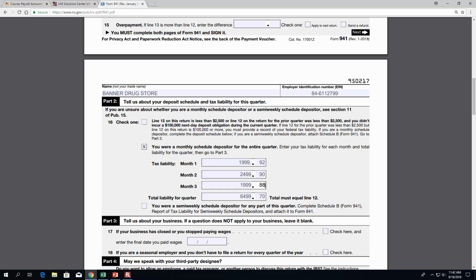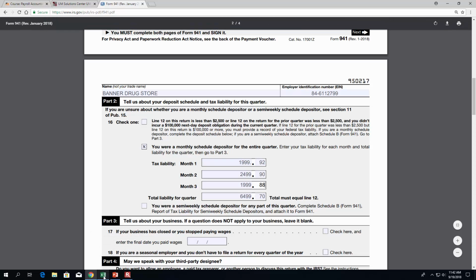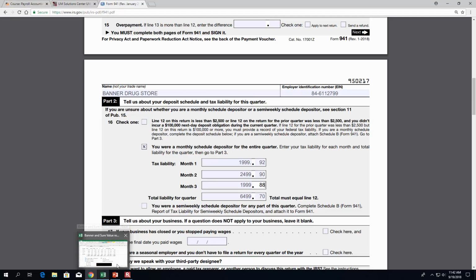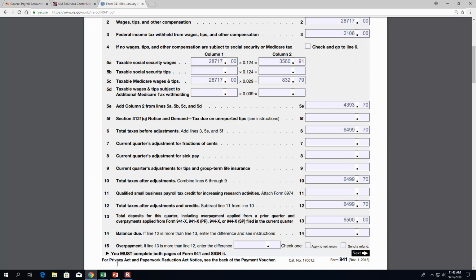Okay, let's go and look. So get your second 941 out, please. First page up there again, just for a second. Take down the numbers, David.